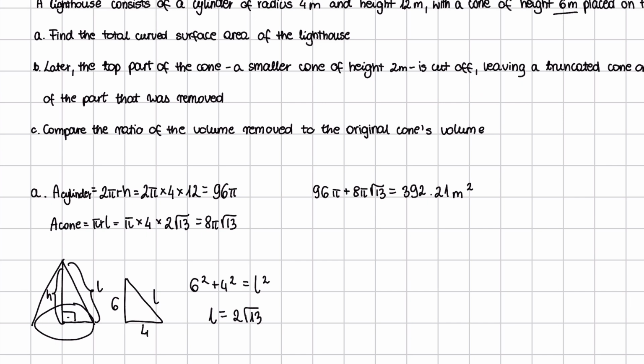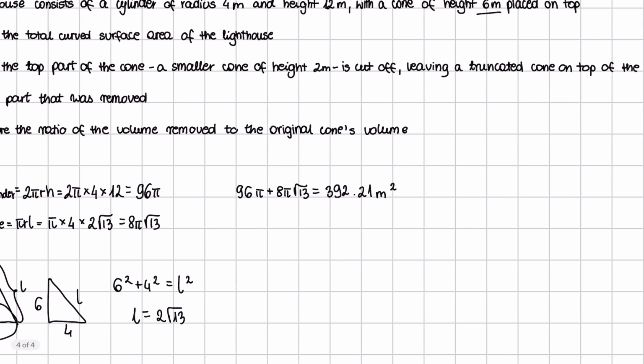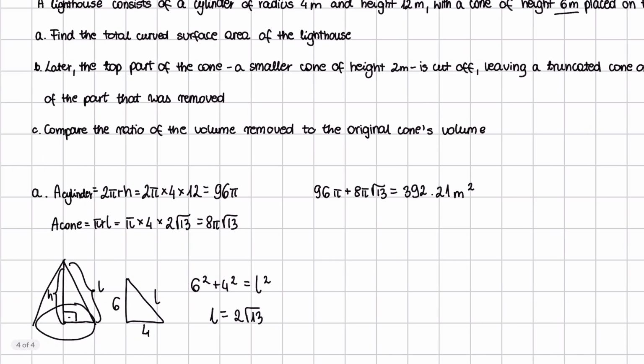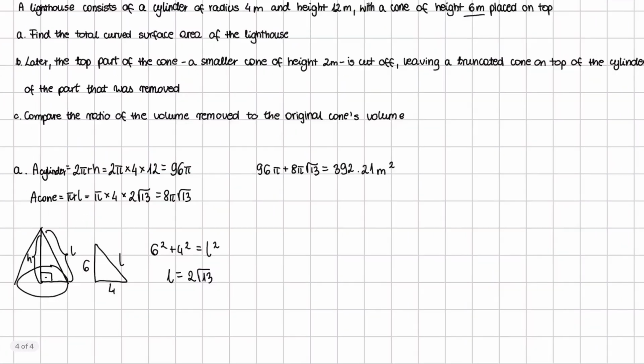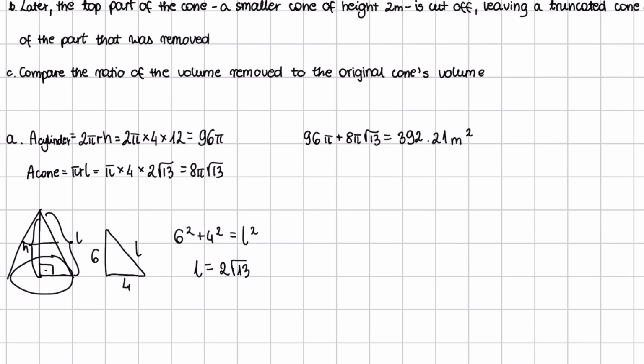B. Later, the top part of the cone, a smaller cone of height 2 meters, is cut off, leaving a truncated cone on top of the cylinder. Find the volume of the part that was removed. So we know that here we cut off a small cone with height 2 meters.